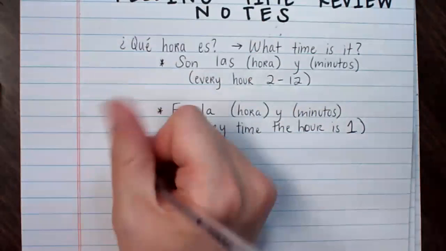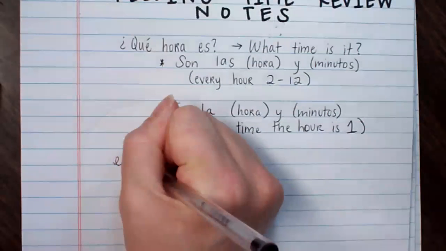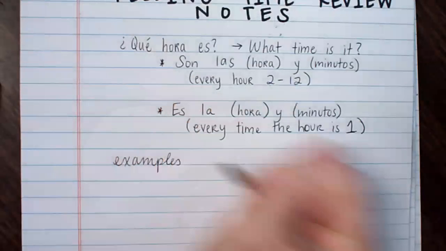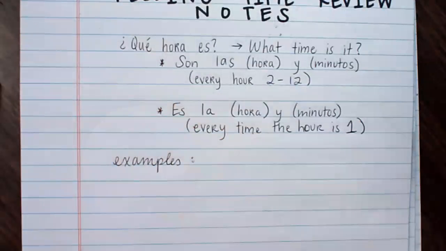So I'll show you some basic examples. And I always think examples are such a great thing to write down, because you have concrete things to look back at if you have any trouble or any confusion.